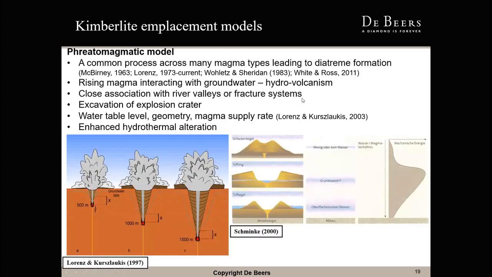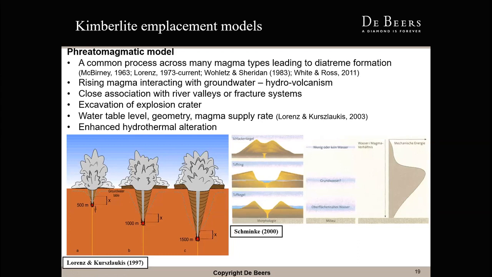Moving on to the phreatomagmatic model, this is a very common process across many magma types, not just kimberlite, but it extends all the way through to andesites, dacites, and is a very, very commonly seen emplacement mechanism in volcanism.